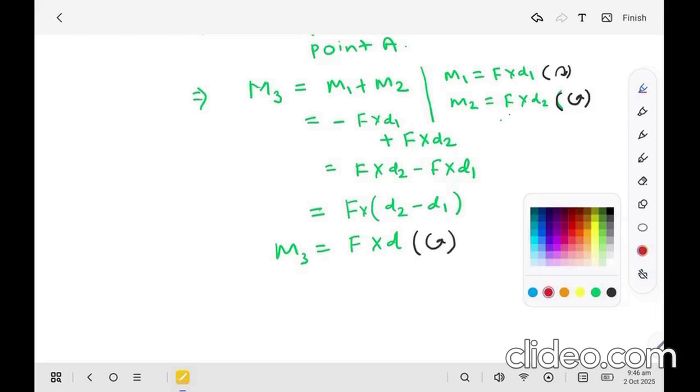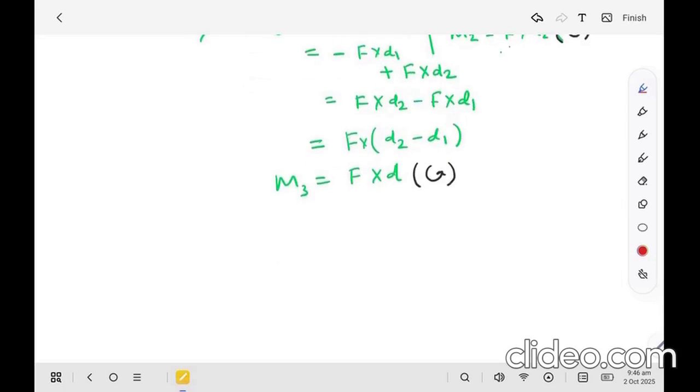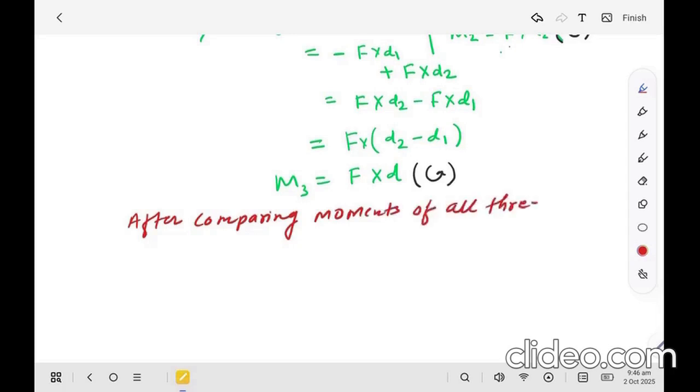Now if you compare the moments of all three cases, case 1, case 2 and case 3, what we observe is that m1 is equal to m2 is equal to m3.